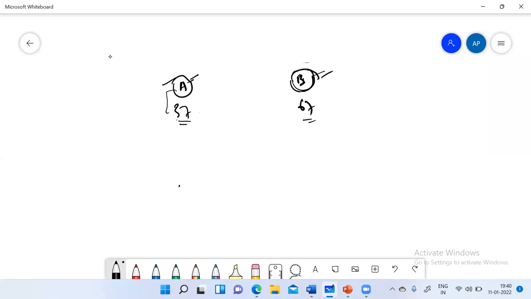If the question asks you, if the total average, the group average is 57, and A has 14 members, how many members are in B?